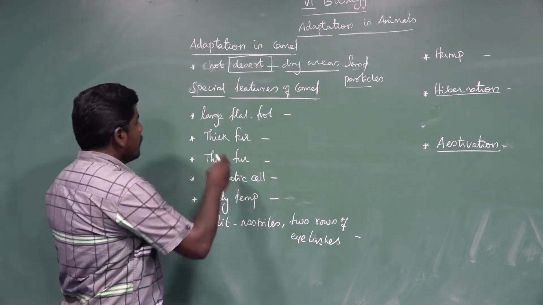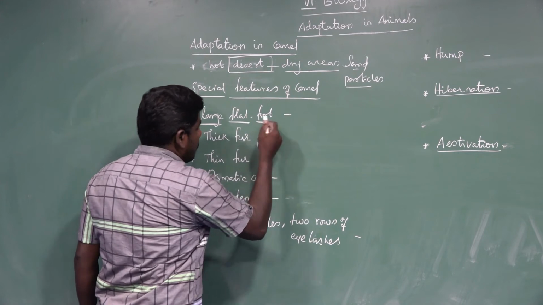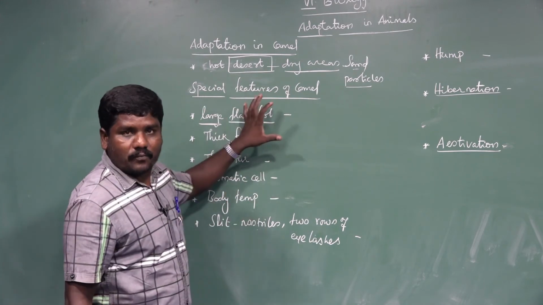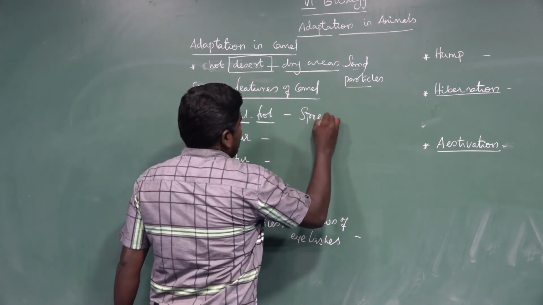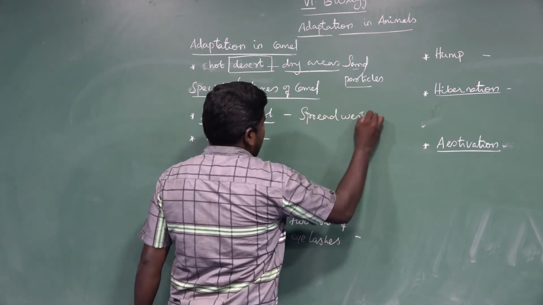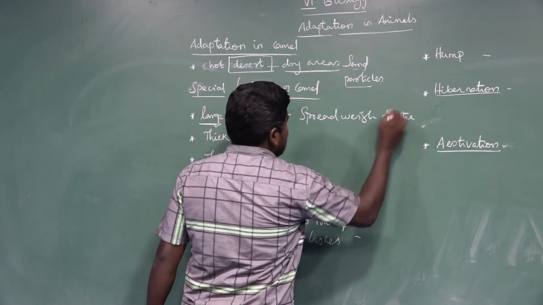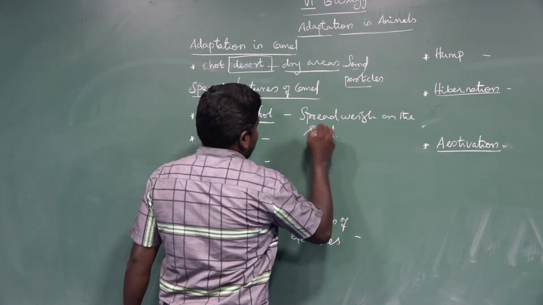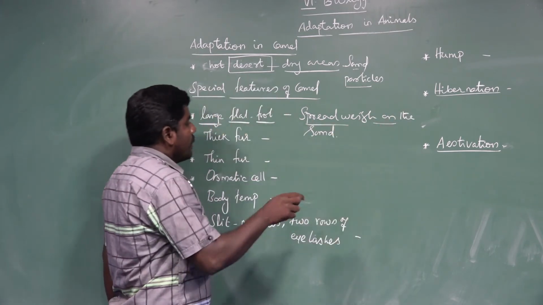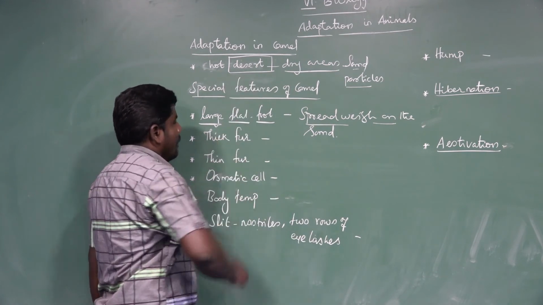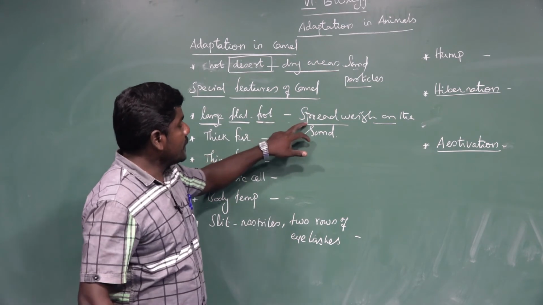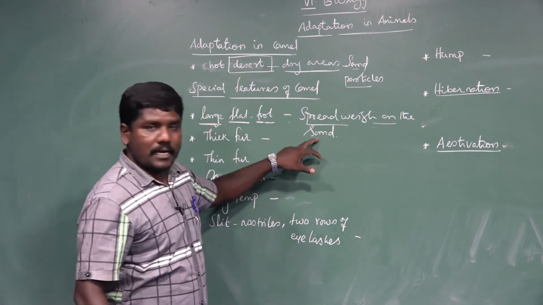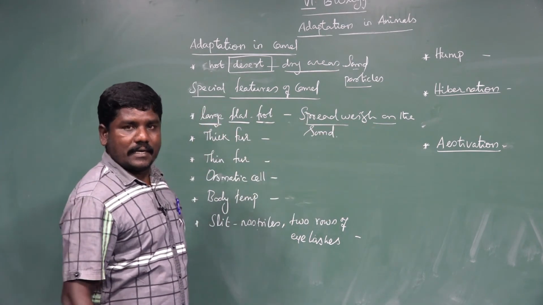One is the large flat foot to spread the weight on the sand. That is an important adaptation of the camel. The large flat foot helps spread weight on the sand particles through the desert areas.